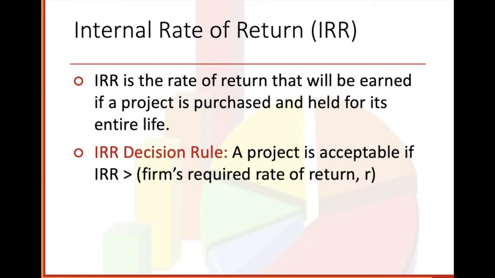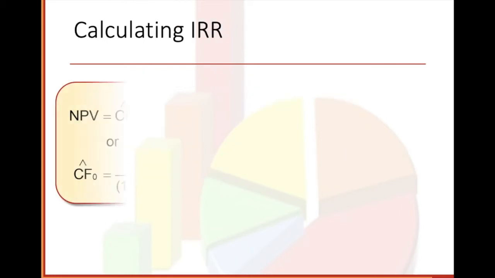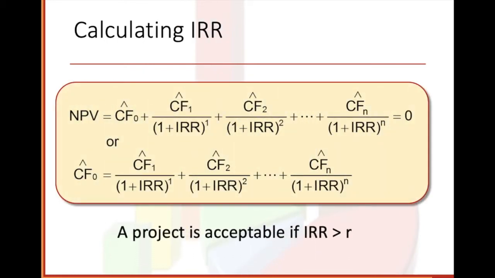Internal rate of return, IRR, is the rate of return that will be earned if a project is purchased and held for its entire life. IRR decision rule: a project is acceptable if IRR is greater than the firm's required rate of return, R. Calculating the internal rate of return is very similar to what we've seen before when we take a look at future cash flows.